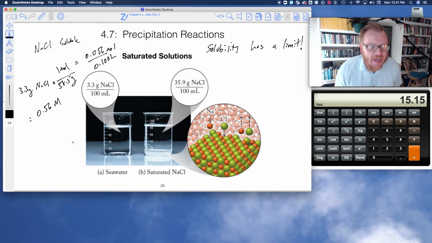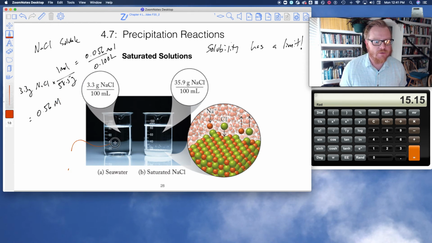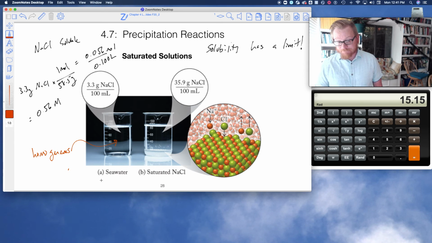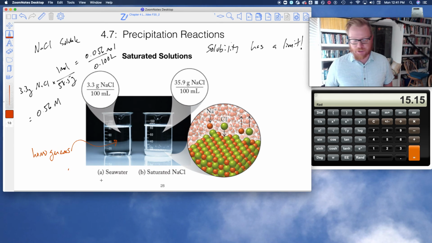And you notice when you look at this, it's homogeneous. Okay, so just by looking at it, you would have no idea that there's salt in it, right? It looks like one continuous fluid solution, okay? Or it just looks like pure water.